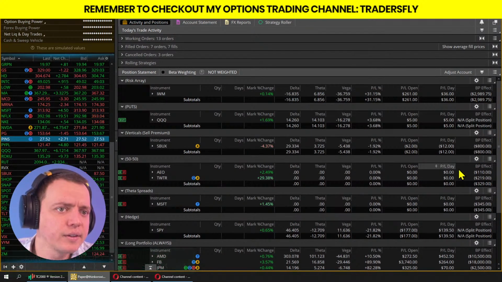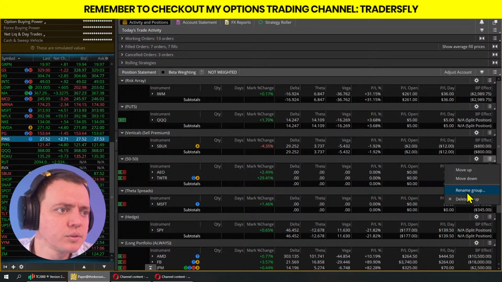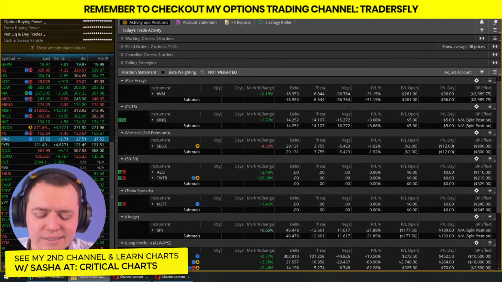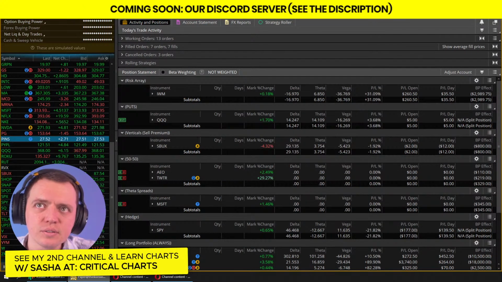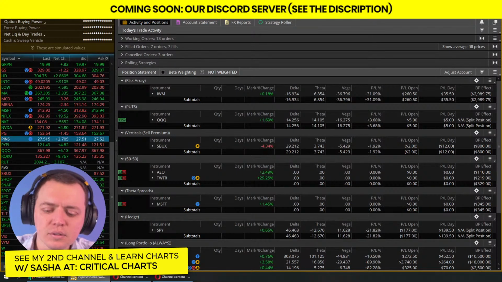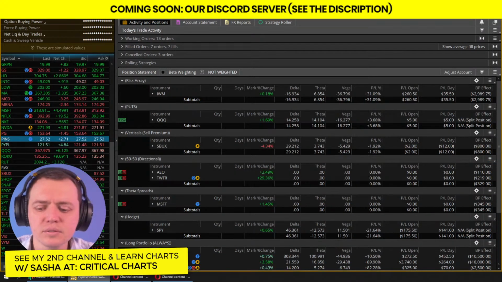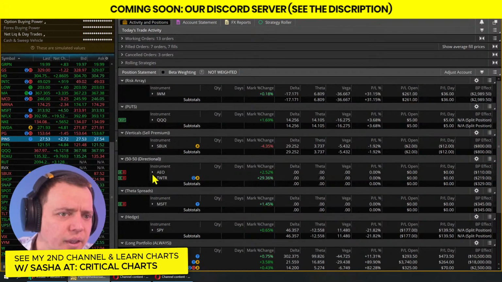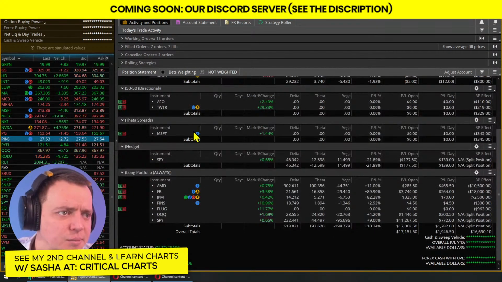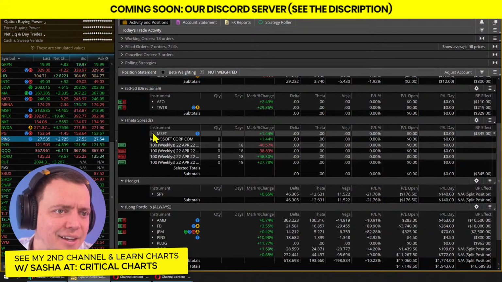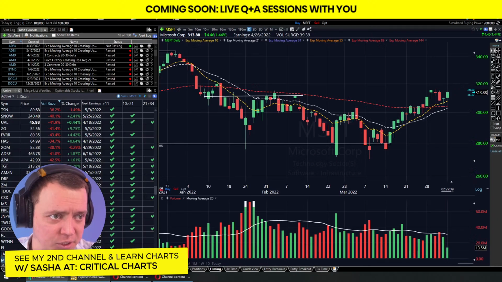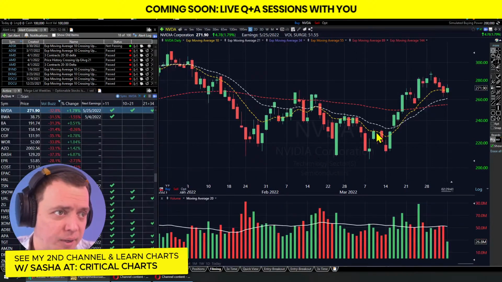Okay, and then here we'll do directional, because this is a little bit more directional. There you go. And then this theta is basically time spread. So we'll see if we get filled. Again, I wouldn't rush the orders, but this is what you kind of do with these things.